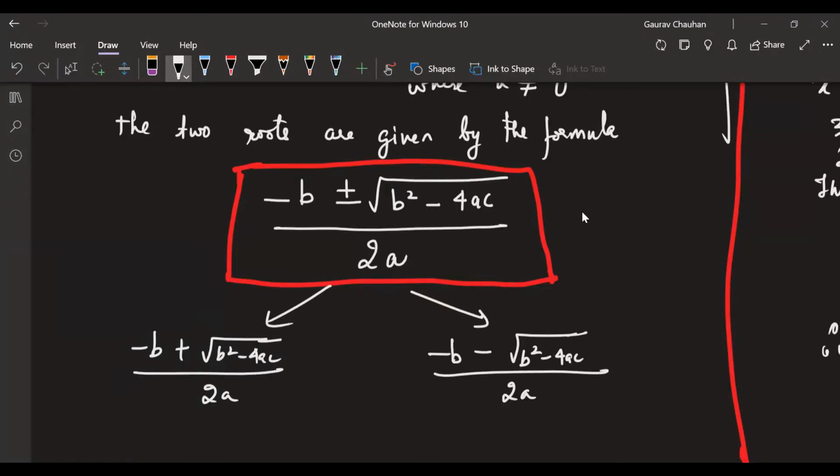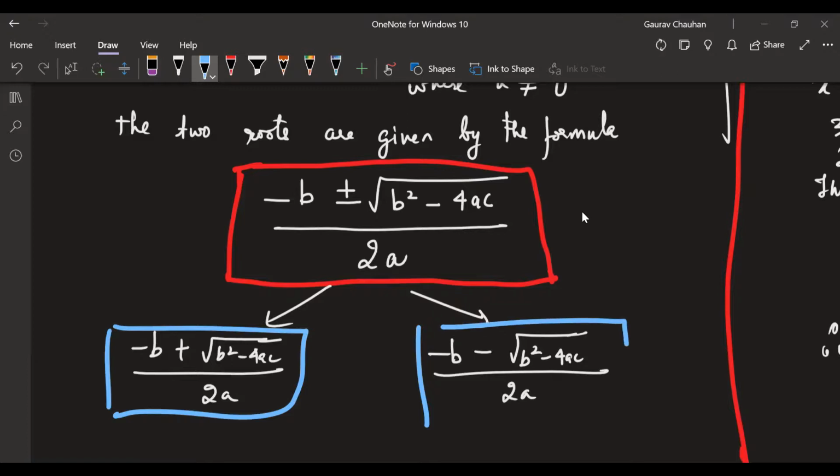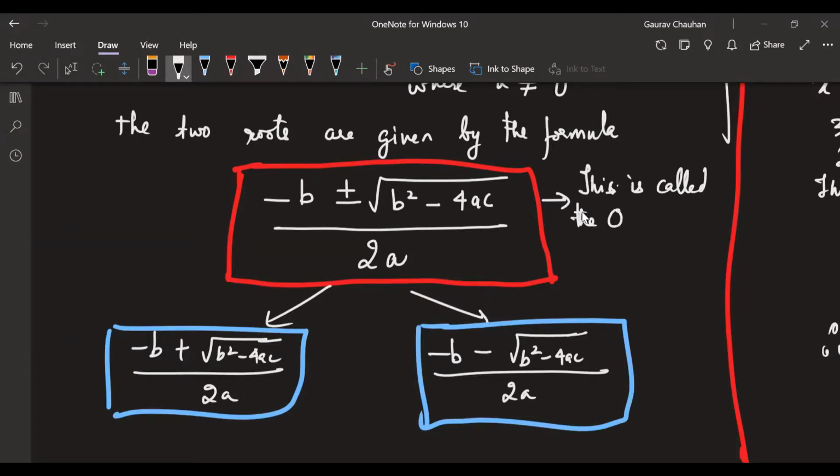These are the two roots basically. This is one root and this is one more root. So this thing here is called the quadratic formula.